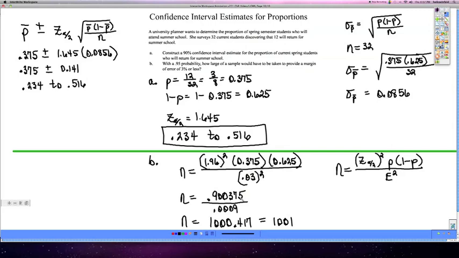If we only polled 1,000 students, then the margin of error would be slightly more than 3%. So the moral of this story is, if there's a decimal at all when calculating the n, then you have to go ahead to the first whole number beyond that decimal. So the 1000.417 would round to or jump to 1001.